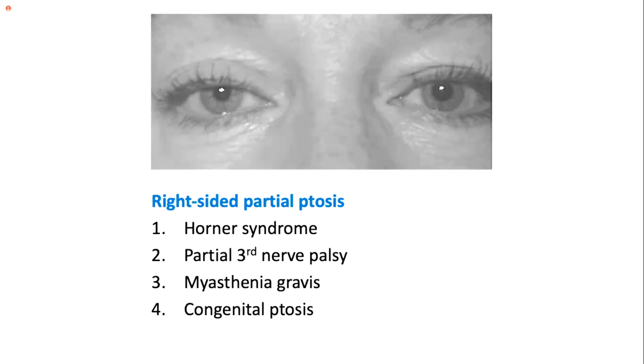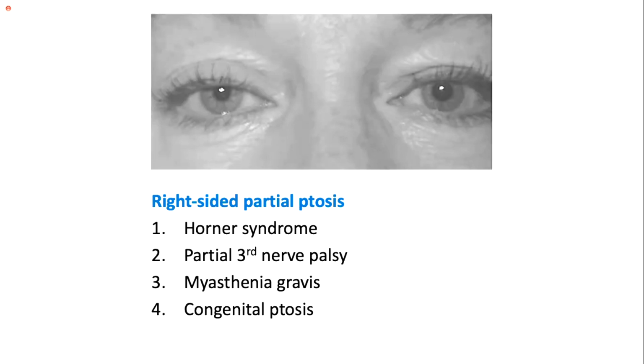And then based on that, we come to these 4 differential diagnoses. I told you in the myasthenia lecture, asymmetrical ptosis is myasthenia gravis until proven otherwise. So you remember that. That's very good. That's a neuromuscular junction problem. And congenital ptosis is when some people are born with a partial ptosis. It never progresses. It never gets worse. It never gets better. It just remains a partial ptosis.